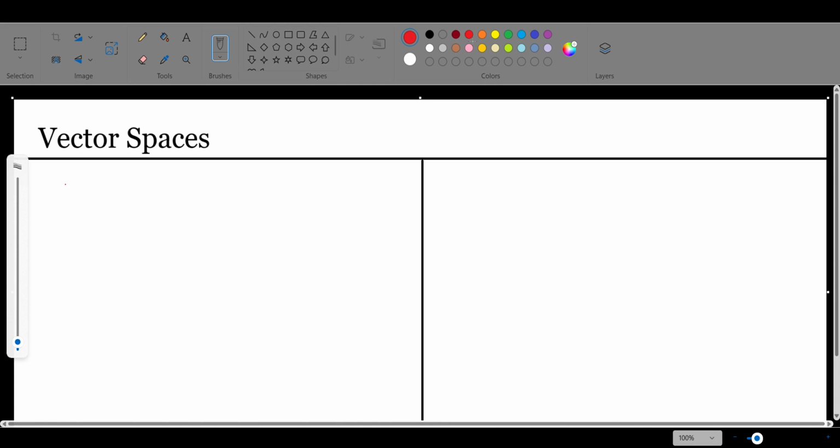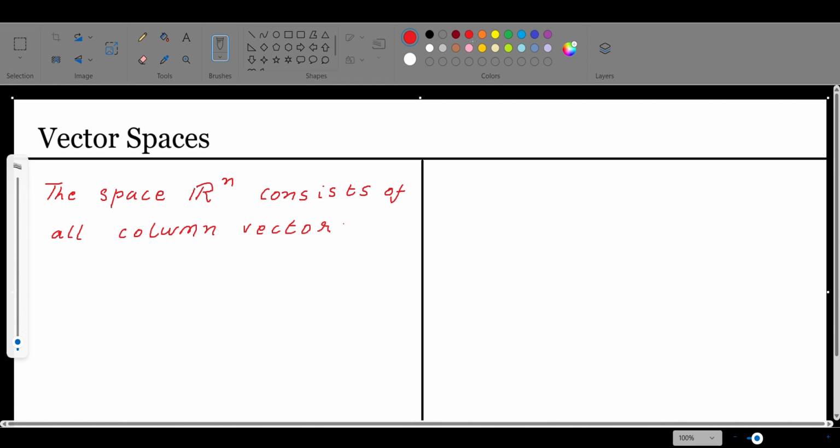The definition says that the space Rn consists of all column vectors with n components.